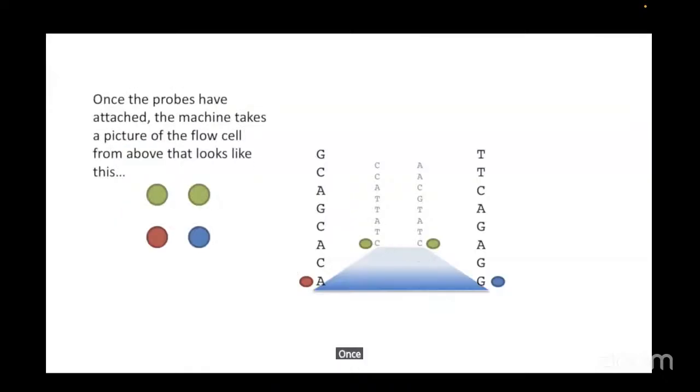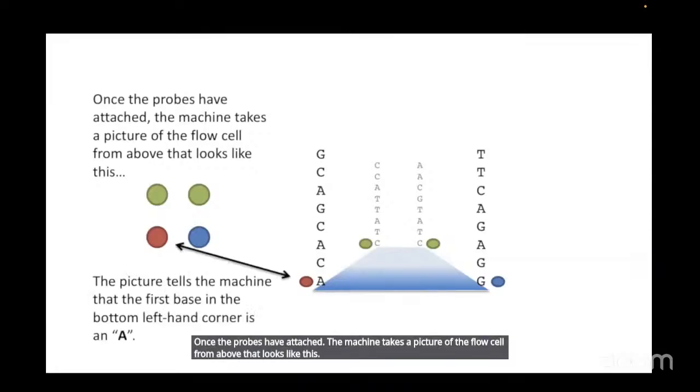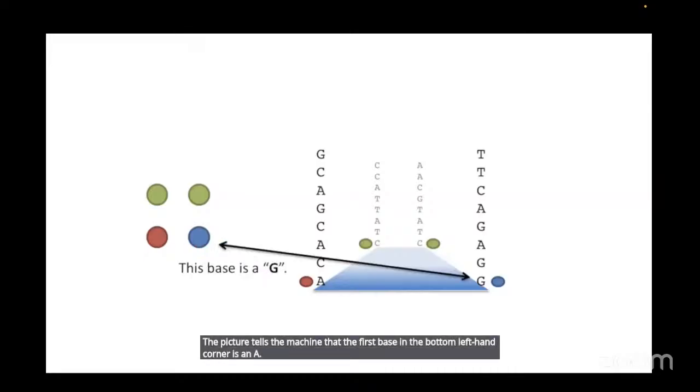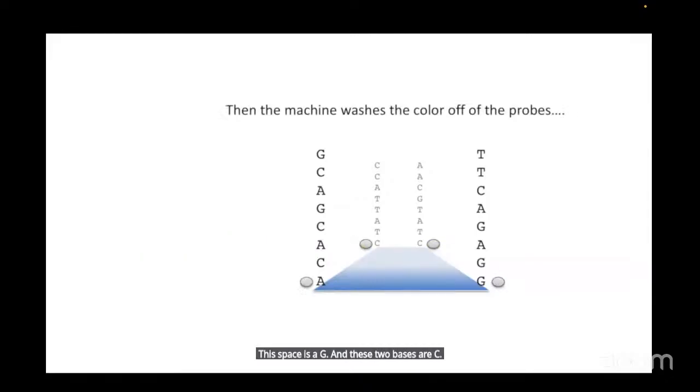Once the probes have attached, the machine takes a picture of the flow cell from above that looks like this. The picture tells the machine that the first base in the bottom left-hand corner is an A. This base is a G, and these two bases are C. Then the machine washes the color off the probes.